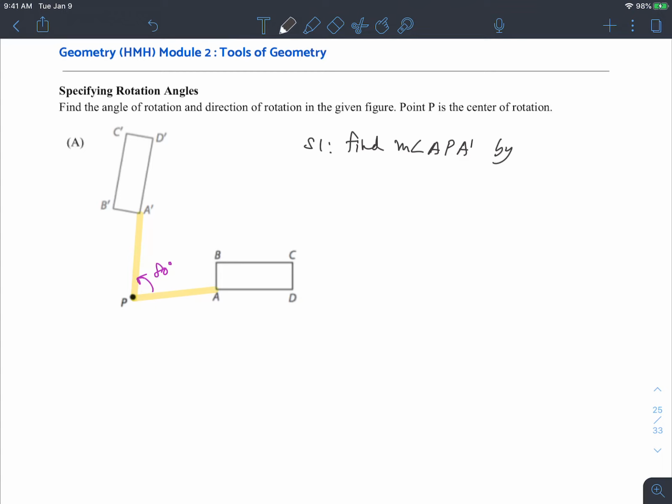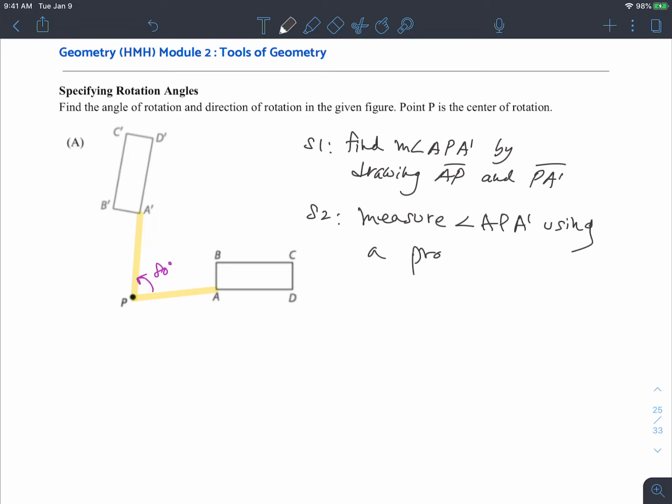By drawing segment AP and A, P, A prime. Step number 2, right? Measure the angle A, P, A prime using a protractor, right?